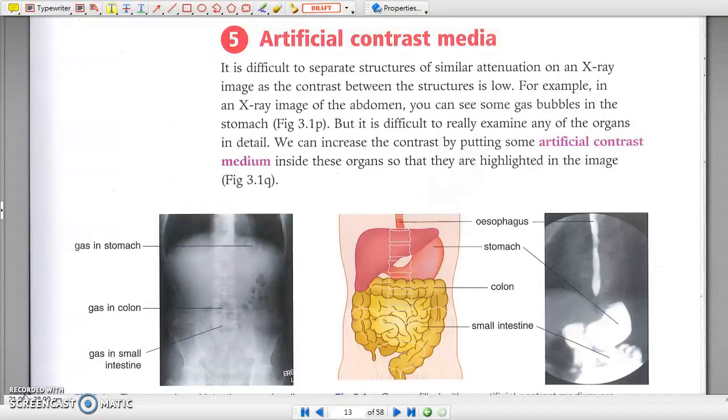5. Artificial contrast media. For soft tissues, the attenuation is similar, and so the contrast between the structures is low. To increase the contrast and highlight an organ of interest, artificial contrast medium, ACM, is used.